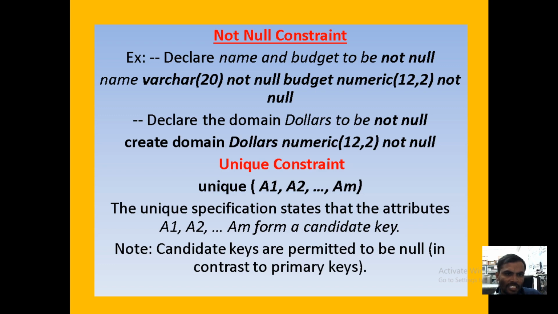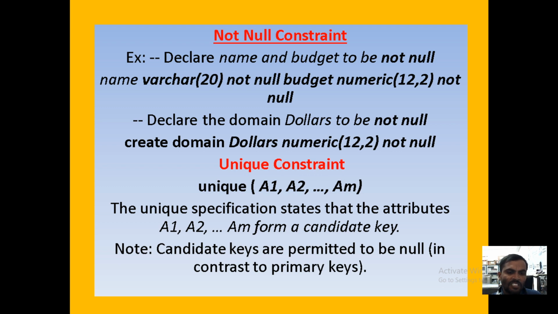Coming to the unique constraint. Unique constraints can be declared at the column level and table level. We define unique constraints with the help of attribute A1, attribute A2, up to AN attributes. We can define n number of attributes on a single table.